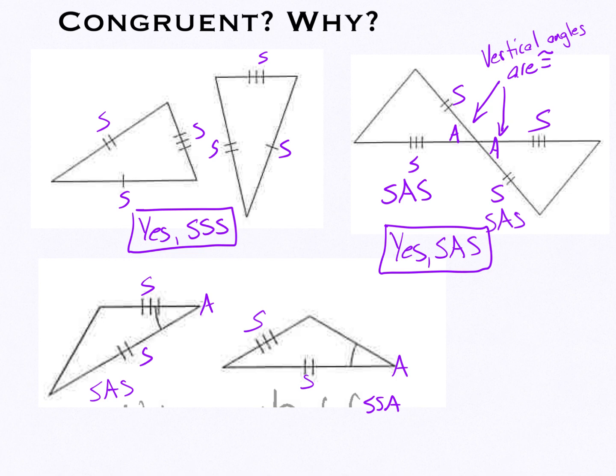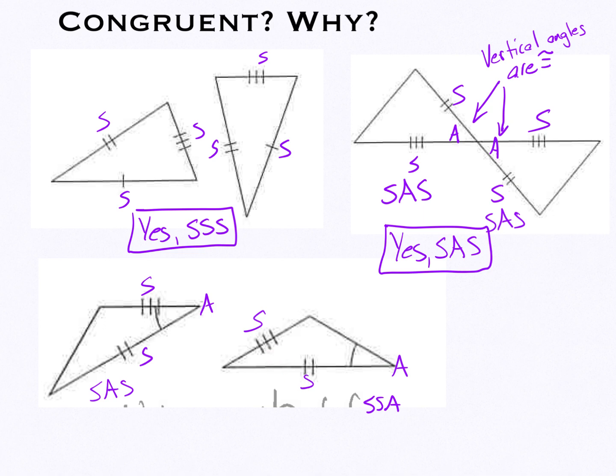Because notice I can't go from this S. If I want a SAS, I would go here to this A. How many things do I skip over to go from this S to this A? Two, an angle and a side to get there. Can we go that direction? No, so it's SSA. Or, get ready, ASS.